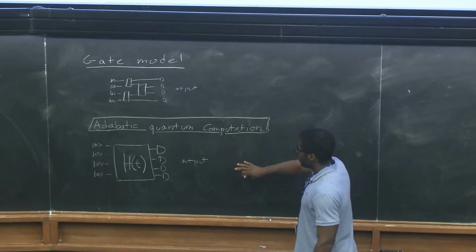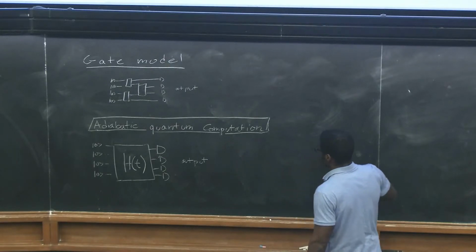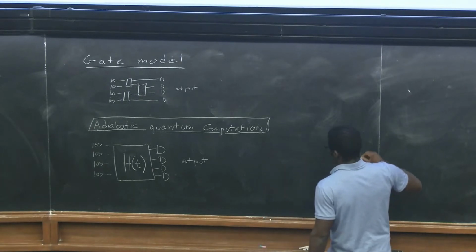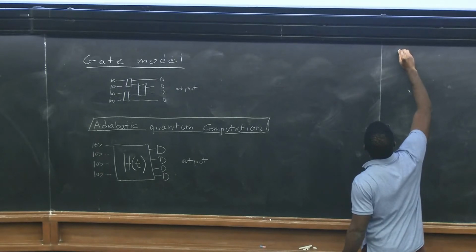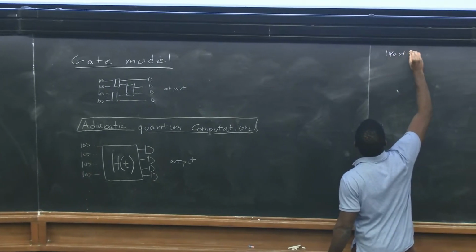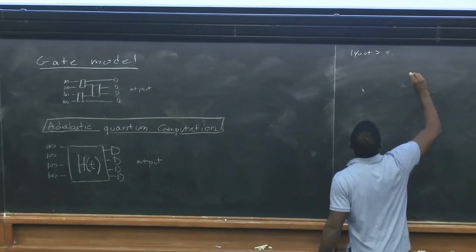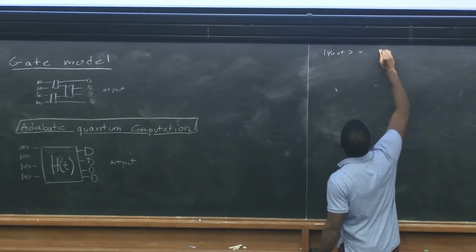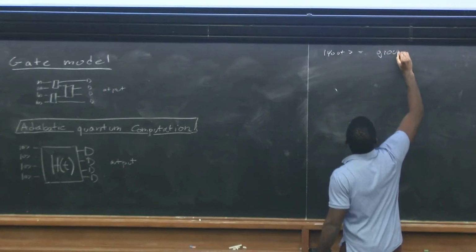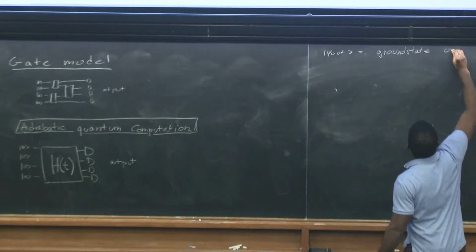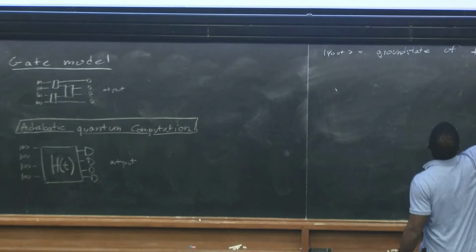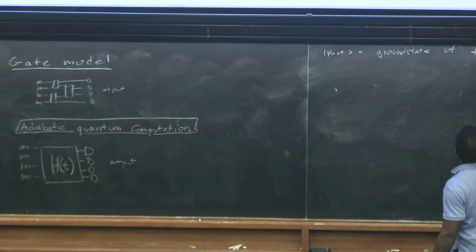The reason is that the goal, in the end, is to prepare the system in the ground state of H of the final time, which is the final Hamiltonian.